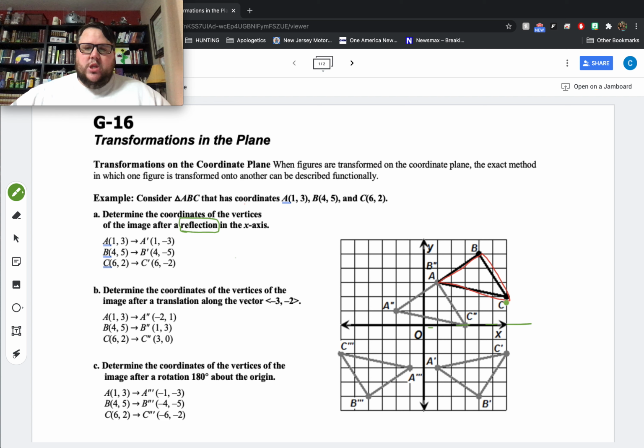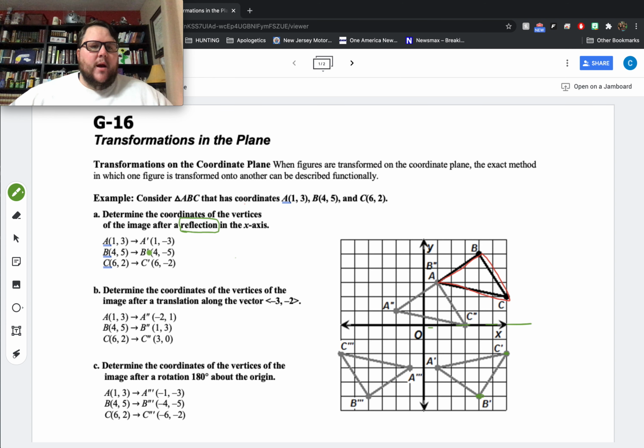So C is 2 above, so C prime is going to be 2 below the x-axis. B is 4, 5, so it's 5 above, so it's going to be 5 below, and that's our B prime. That's our image of our first transformation.